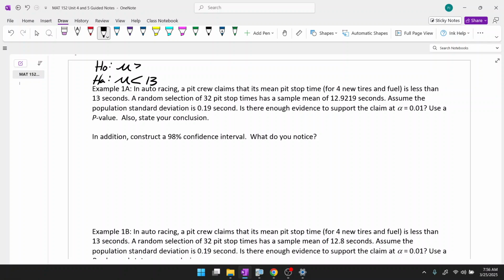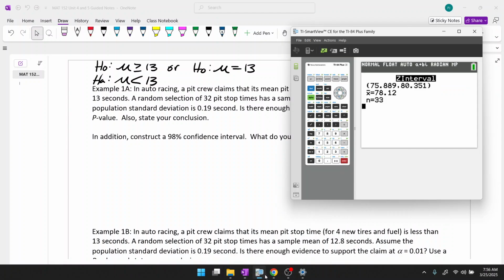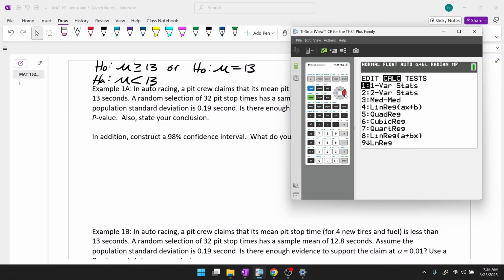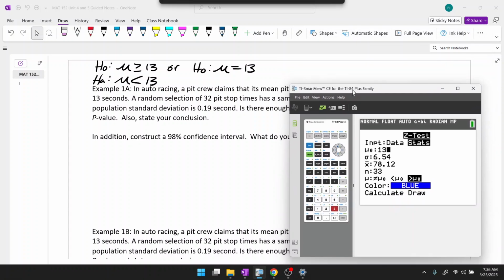The null would be either greater than or equal to, or simply equal to 13. Now, instead of doing this all by hand, what we're going to do here is use the calculator to kind of verify everything. So we're going to go into z-test, and we have 13 seconds.